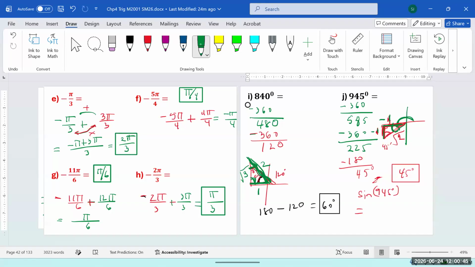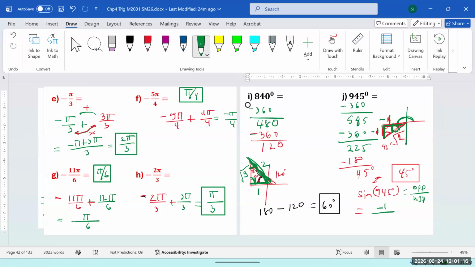So we have a 45, 45, 90 triangle on the third quadrant. So x is negative, y is negative. And now sine of 945. So sine is what over what in terms of the triangle? Opposite over hypotenuse. From our angle here, which side is opposite? From this angle, this is our opposite, -1.